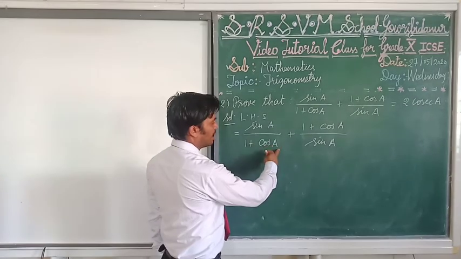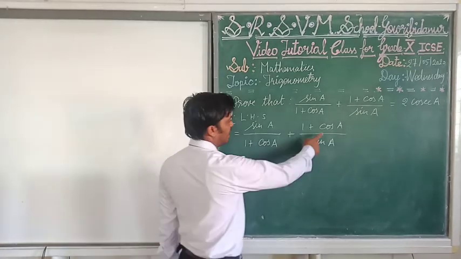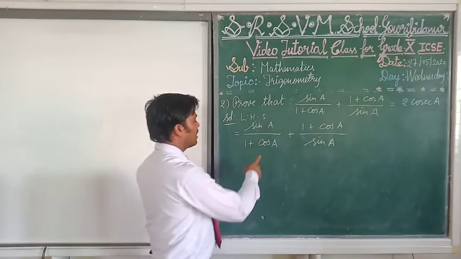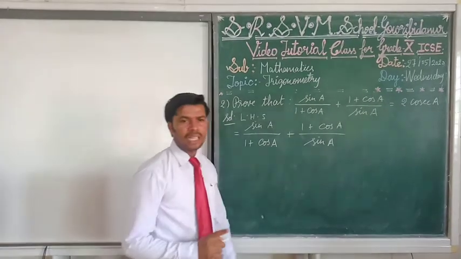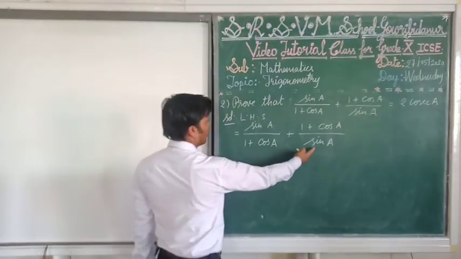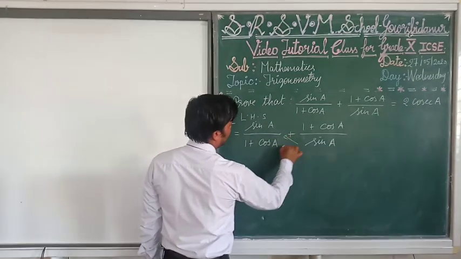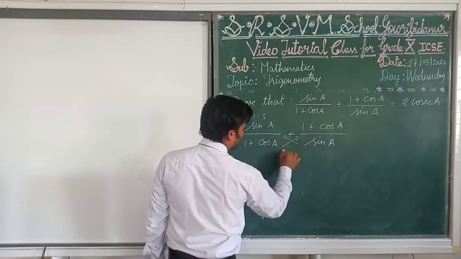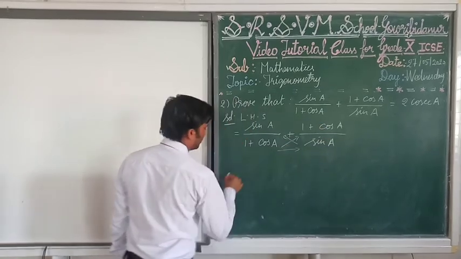Here numerator and denominator multiply by sin A. Here numerator and denominator multiply by 1 plus cos A. Finally that LCM will become 1 plus cos A into sin A. This is just a shortcut method, cross multiplying this one and this one.